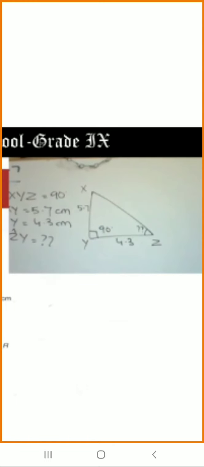So in order to find this angle Z, first of all you will label the sides as per this angle. This is the adjacent side, and this is the opposite side. So when you divide your opposite and adjacent, you will use tan Z is equal to opposite, that is 5.7 upon adjacent, that is 4.3. So in order to find Z, we will apply inverse of tan 5.7 upon 4.3.